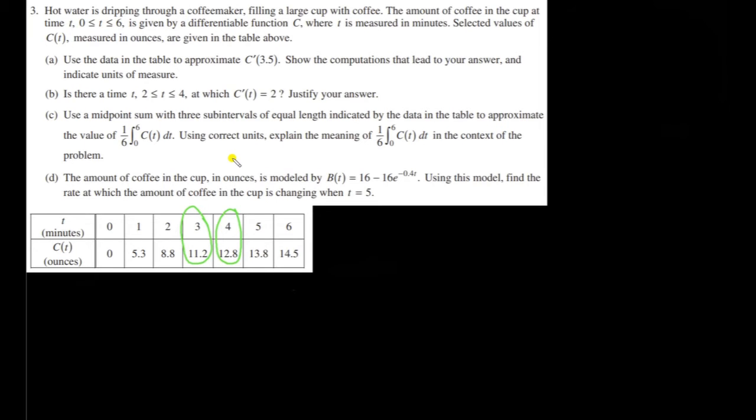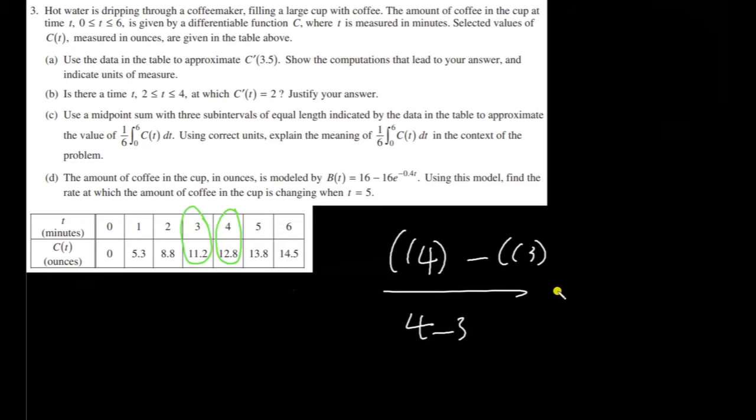That's going to be an approximation for the slope at exactly 3.5. So instead of looking at the slope at 3.5, we'll be taking the slope between 3 and 4. So it's going to be c of 4 minus c of 3 over 4 minus 3.